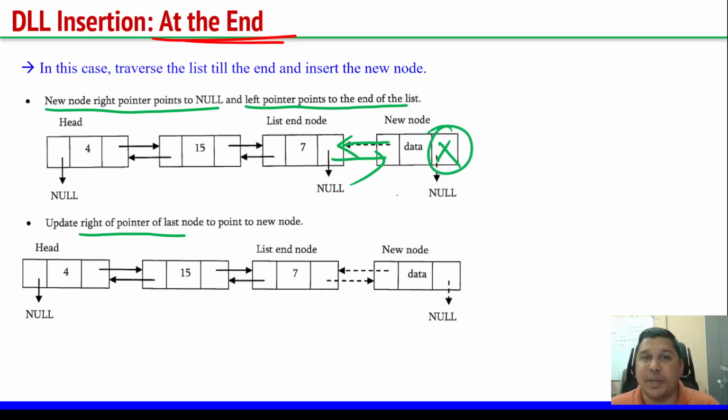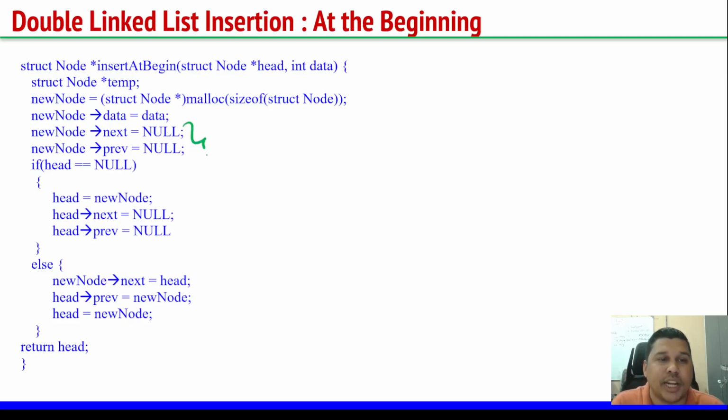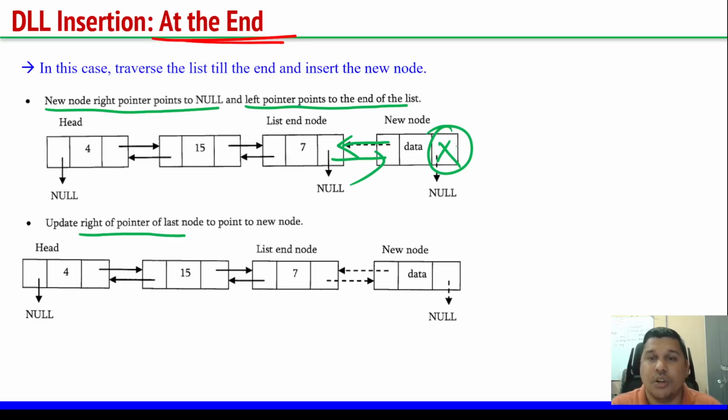Anyhow, by default it will be null, but check it once again. Why by default? If you see the logic here, we are putting null by default. So this is one step. Then you link the new node's previous to the temporary node, and temporary's next to the new node. If you do these 3 operations, we can insert an element at the end.